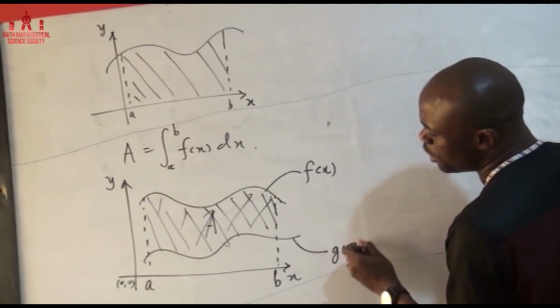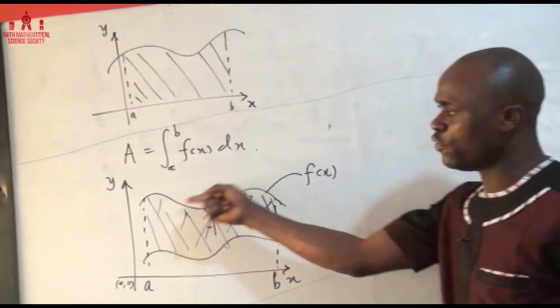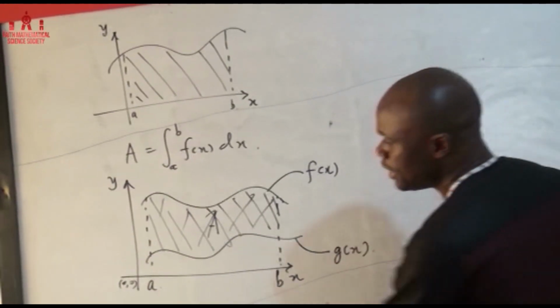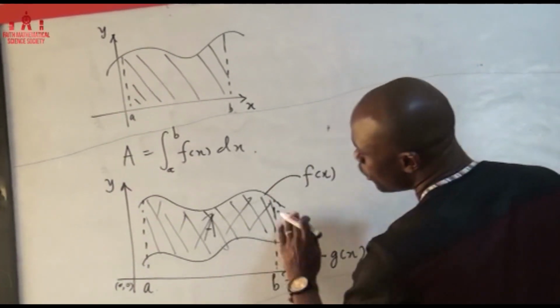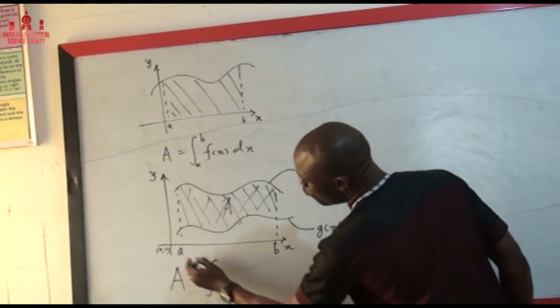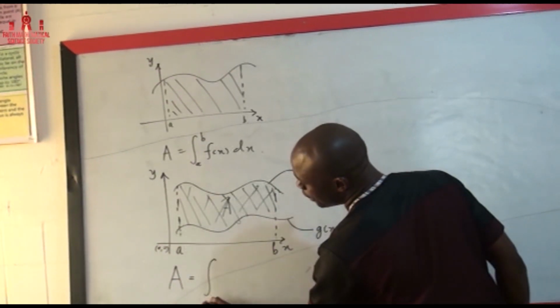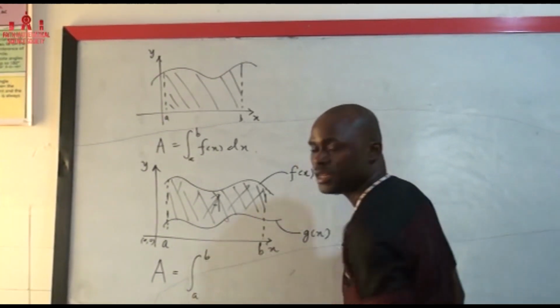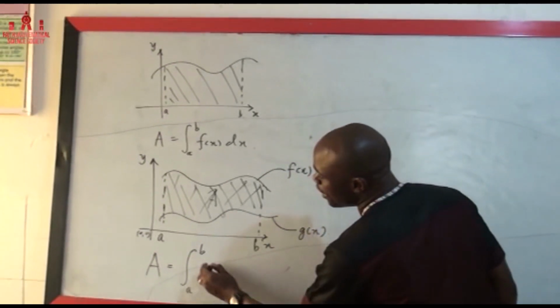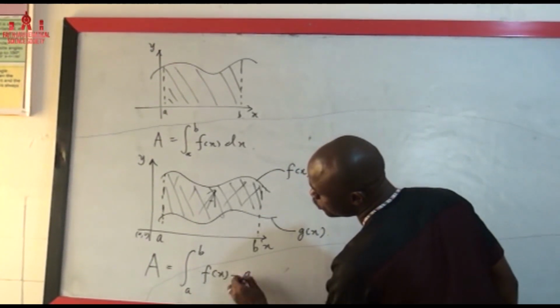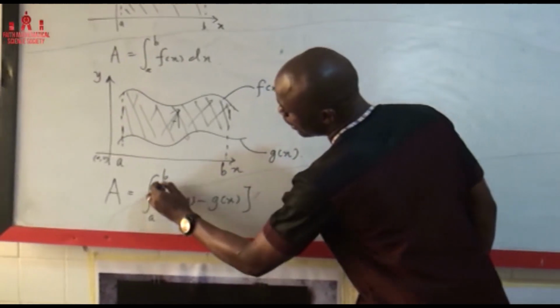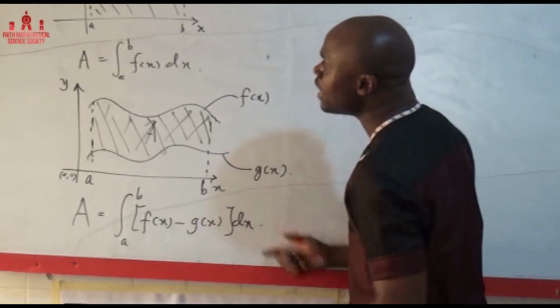And I know that this is g of x. Once I know what this curve is, and I know what this curve is, the area here is simply the integral from this point A to this point B, which I call the limit of integration, of f of x minus g of x with respect to dx. That's all I need to do.